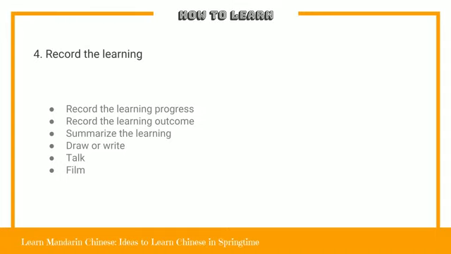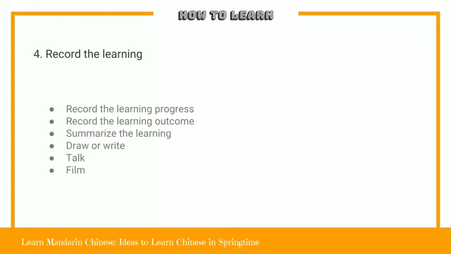And the fourth one is record the learning. We can record the learning progress. We can also record the learning outcome. So there are several things we can record. We can summarize the learning. We can ask the kids to draw or write about what they have learned.